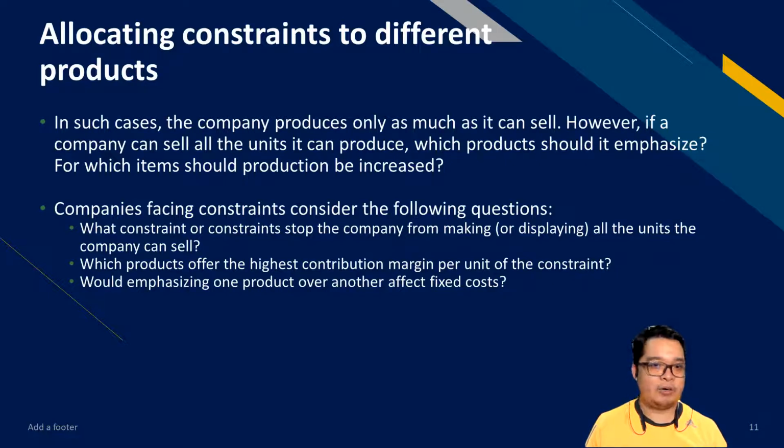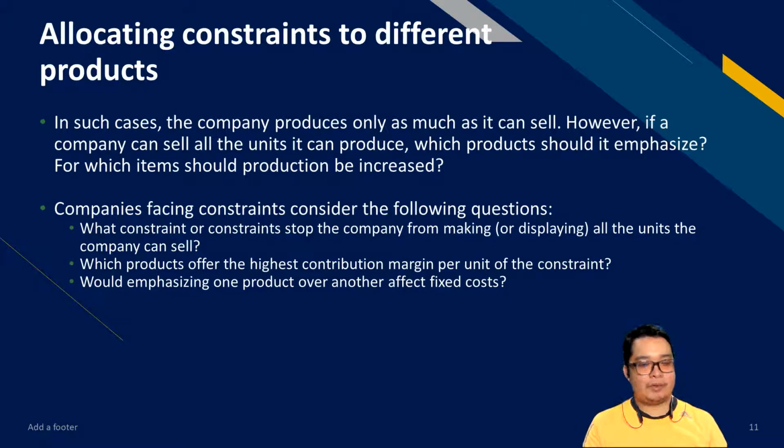However, if a company can sell all the units it can produce, which product should it emphasize? If there's a constraint in terms of production capacity, for example, we want to allocate that production capacity to the product which can give us the largest contribution margin per unit of constraint. I think that will be the key item for this example.